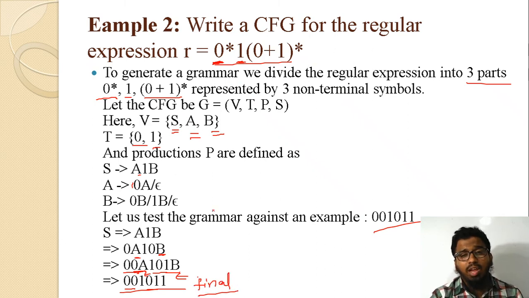Okay, so if you get a question like this, write a CFG for the regular expression, no need to worry. First divide it into parts, and after dividing, take S, A, B and divide in such a way that we get the 0 closure, which means 0 any number of times, and 1 should be at least once, and (0 plus 1) closure means any number of 0 or 1.